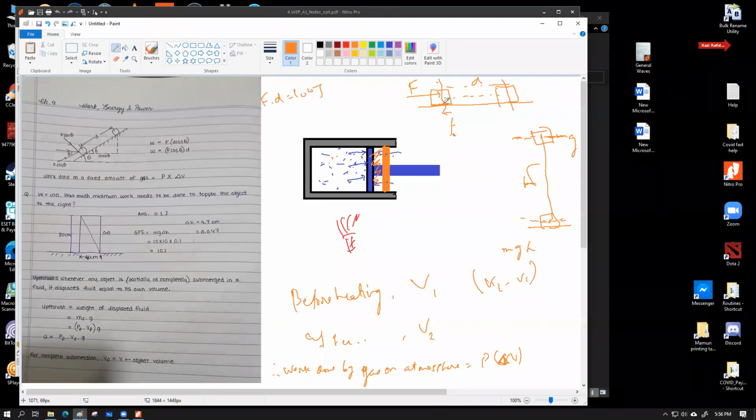The object would not get the entire 100 joule, because to overcome the friction, some amount of work has to be lost. So let's say the total product of frictional force into distance was 20 joule, which means in the process of doing 100 joule of work on the object, we would naturally lose 20 joule of energy.